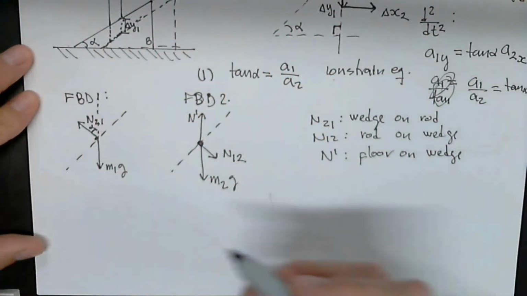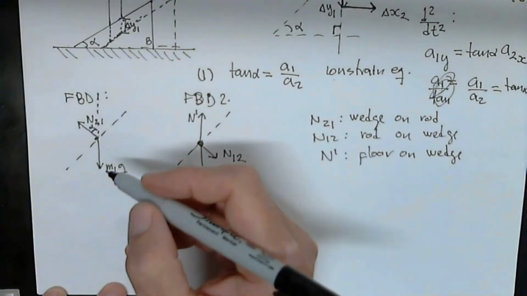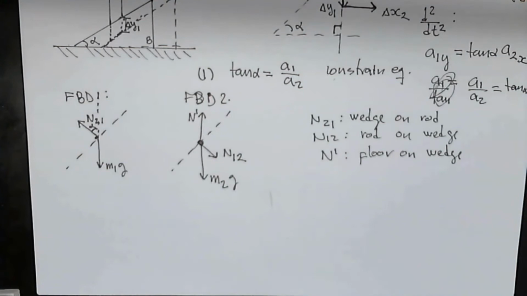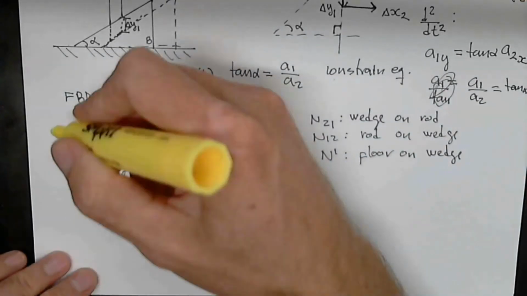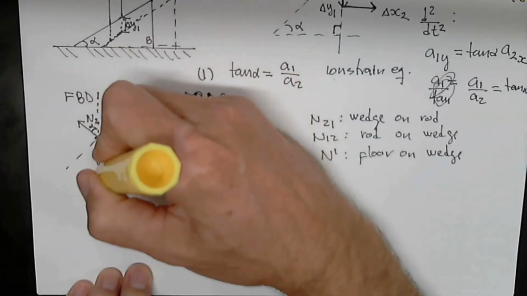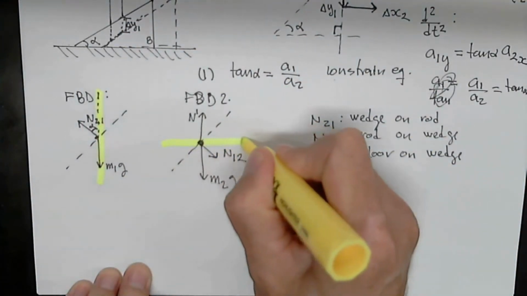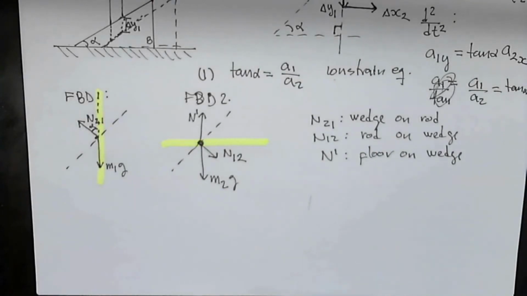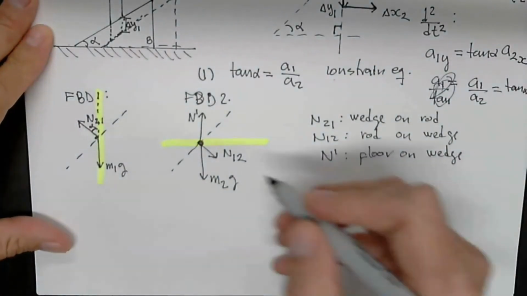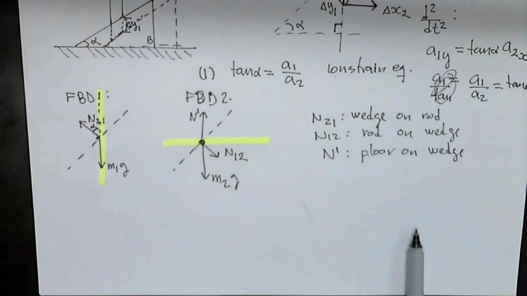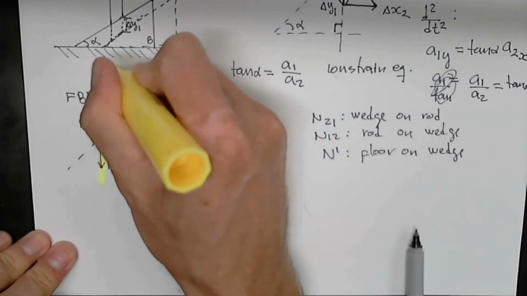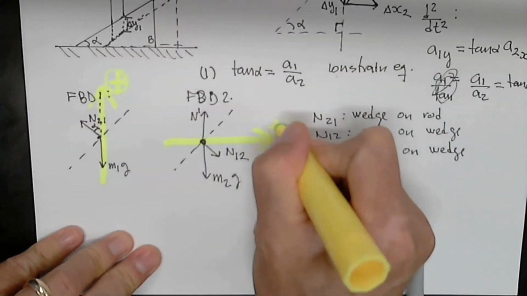So let's put the equations over here. I already showed you that the motion is only in the y-axis for the rod, so I only care about this over here, and this over here. This is going to be positive, and this is going to be positive.